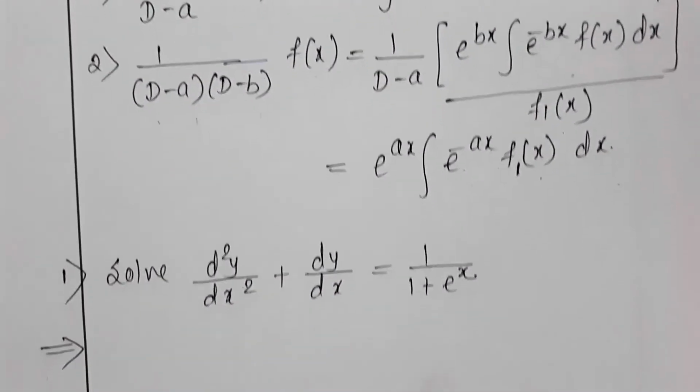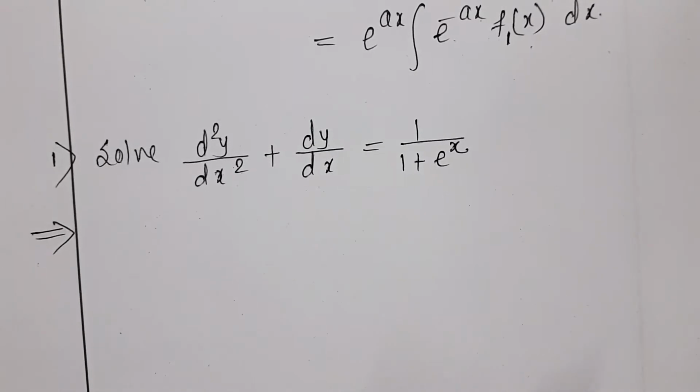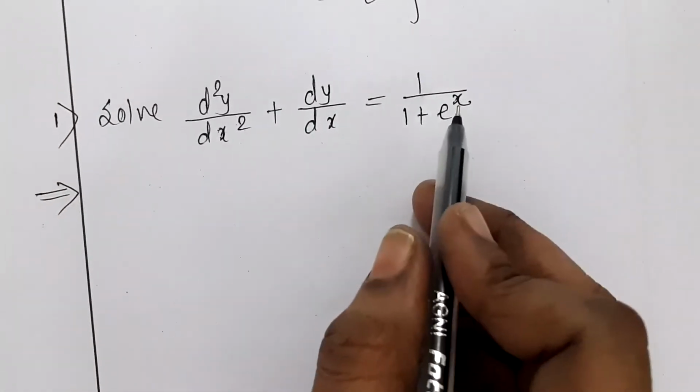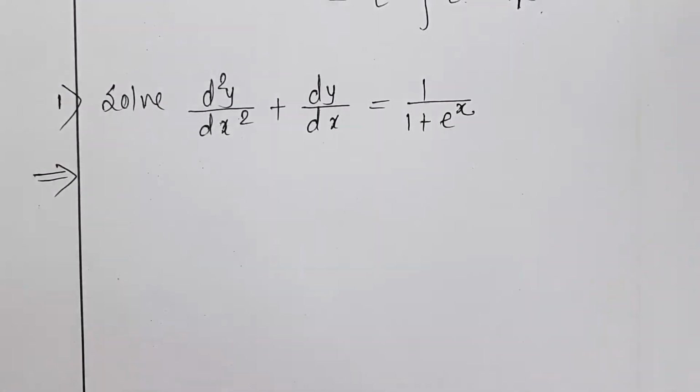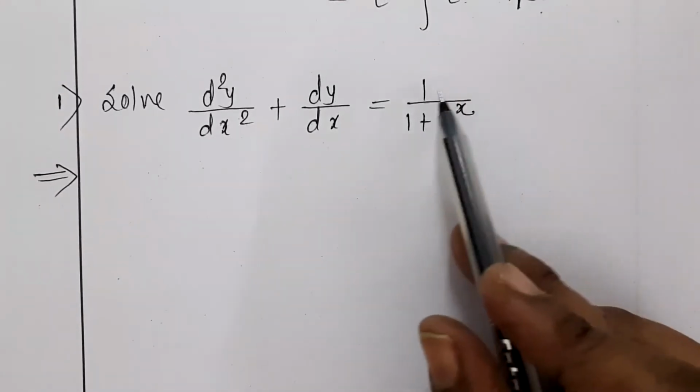Now we see one example on this general method. First is: solve d2y by dx square plus dy by dx is equal to 1 upon 1 plus e to the power x. The question is the same: solve the differential equation. But solving the differential equation means first you have to identify which type of differential equation it is. Now observe this right hand side.